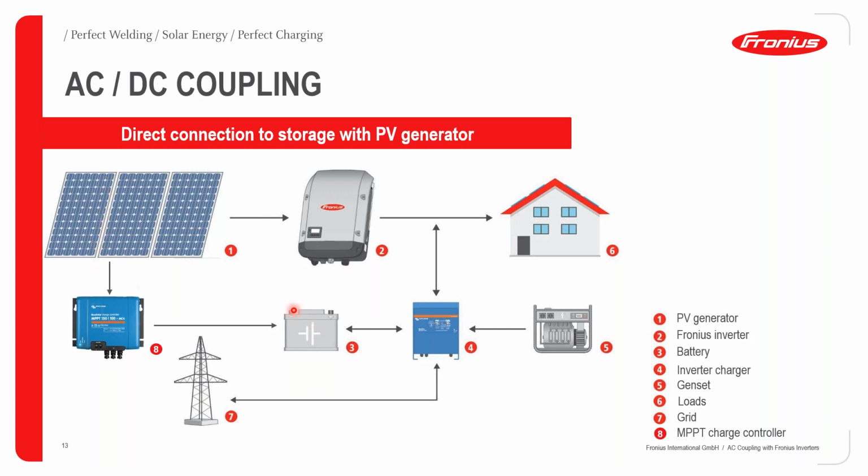So this is DC coupled. Another portion of power from the PV array goes through the PV string inverter, that is Fronius, and a lot of that during the day is directly fed to the loads.